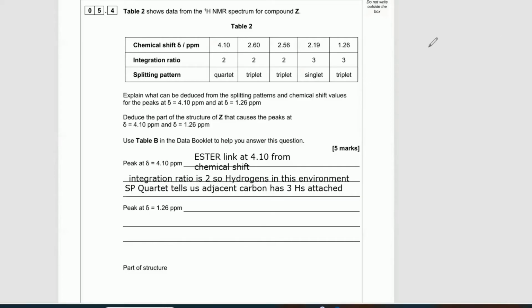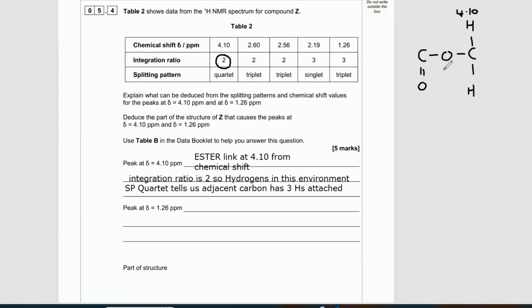So what I'm thinking here, folks, is we've got this ester link, like so, and then we've got CH2. Why do I know it's CH2? That's because the integration ratio was 2. So this hydrogen here, it could be either hydrogen, is giving me the 4.10 chemical shift because it's attached to an ester link.